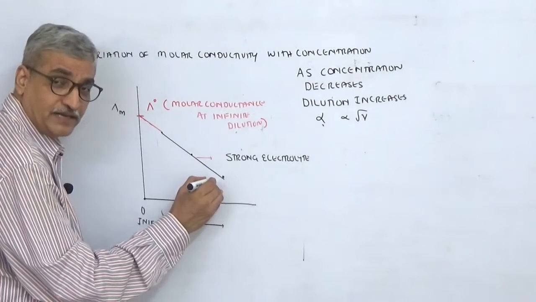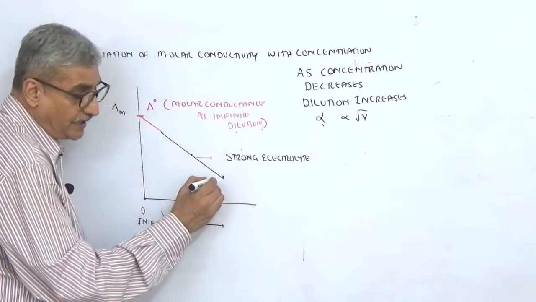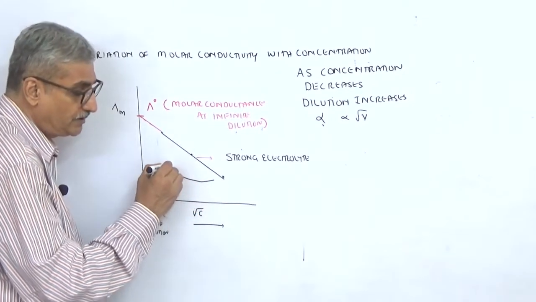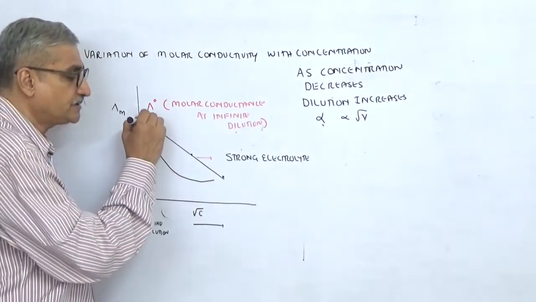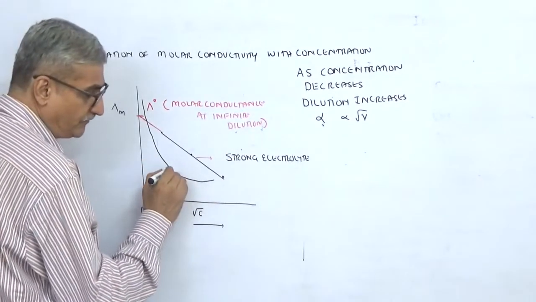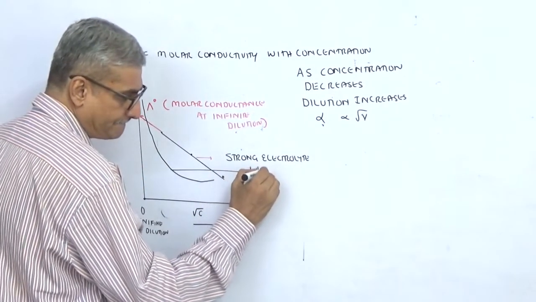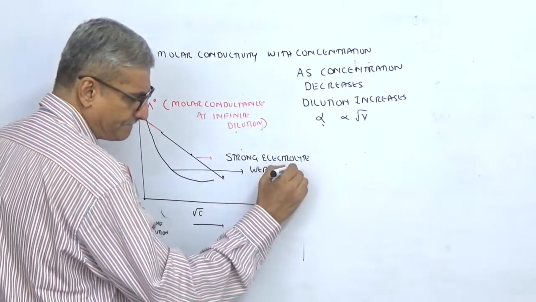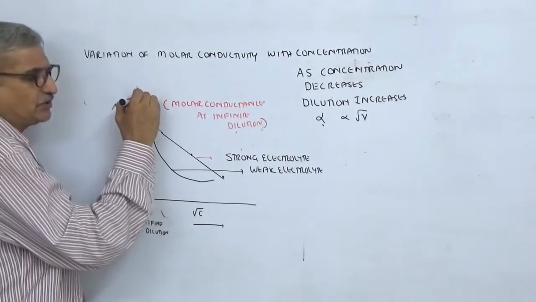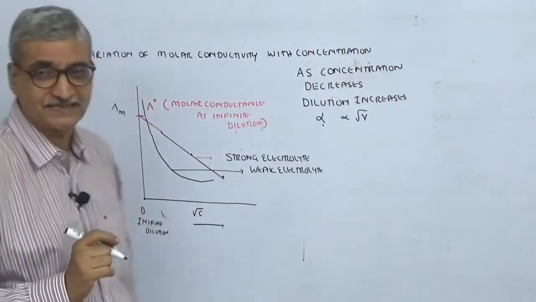For a weak electrolyte, as you go on decreasing the concentration, increasing the volume, it comes like this. So this is the story of a weak electrolyte. In this case it comes closer and closer and closer, but will not meet the y-axis.